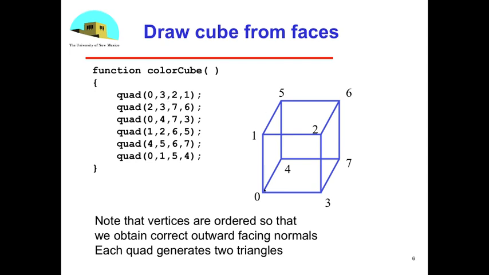So 0, 3, 2, 1. Here's 2, 3, 7, 6. And again, repeating from last time, it's the order that matters, not where we start. So 0, 3, 2, 1 and 3, 2, 1, 0 are the same as far as this is concerned.